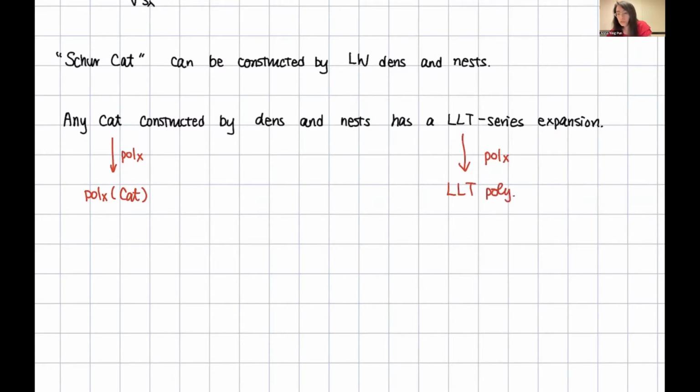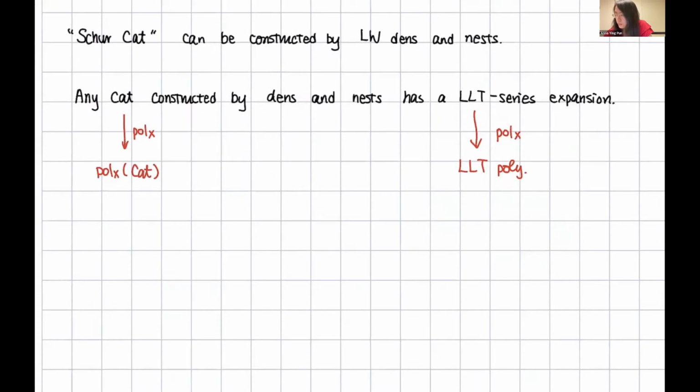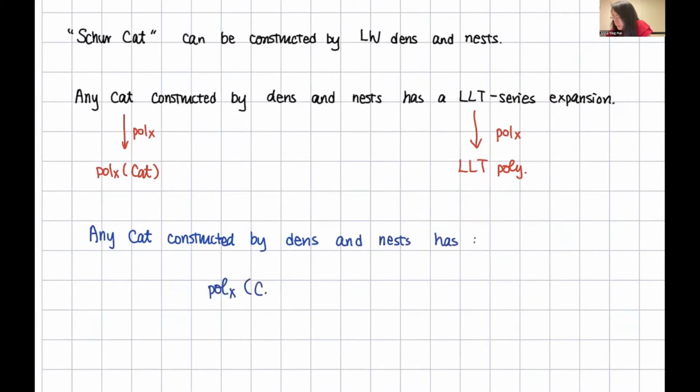Right, so that's great because that just means that any cat constructed by dense and nest, as polynomial part x of cat, has an LLT polynomial expansion.